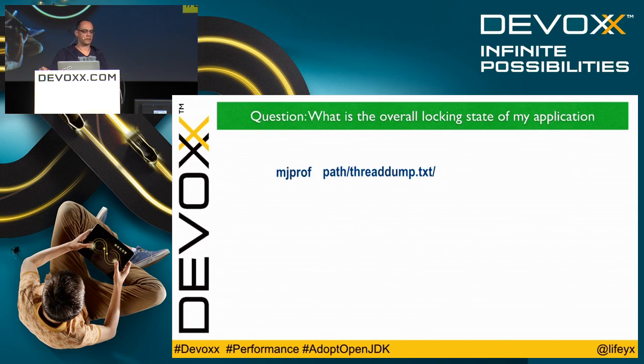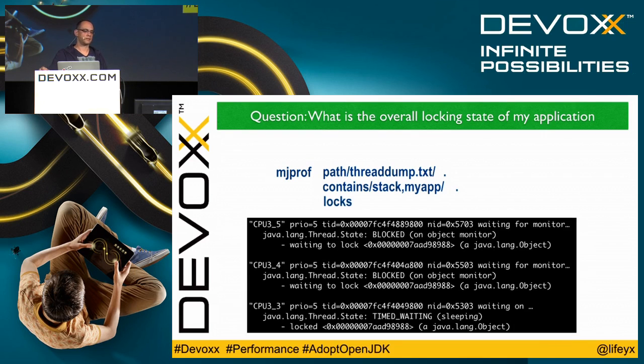So I take my thread dump and I check whether it contains my code, for example, my application, and then I run the monad locks. The monad locks is a macro which is looking for the minus sign in the beginning of the stack frame. Okay, so it will filter out all the stack frames that do not have the minus in the beginning, and the result is that I will only see the locks over there.